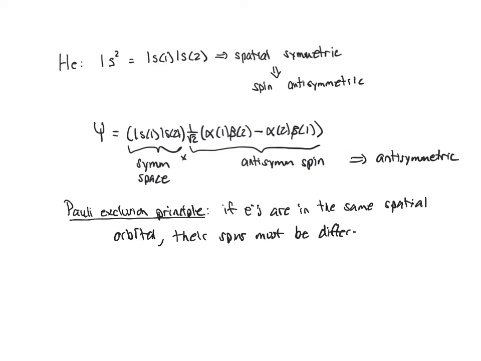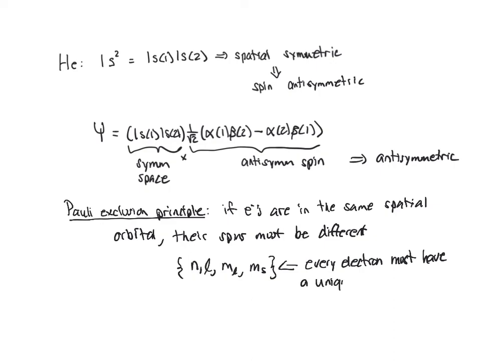So if we define a set of quantum numbers, n, l, m sub l, and m sub s, for each electron, then every electron must have a unique set of quantum numbers.